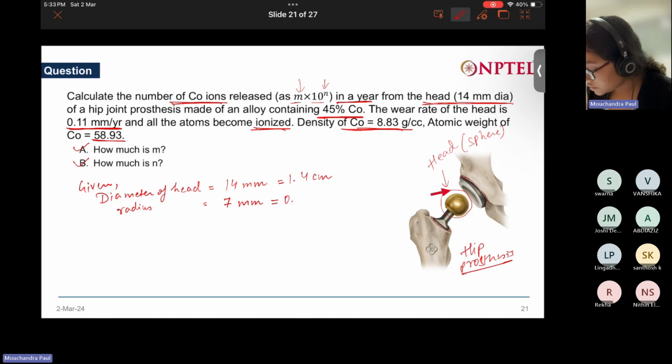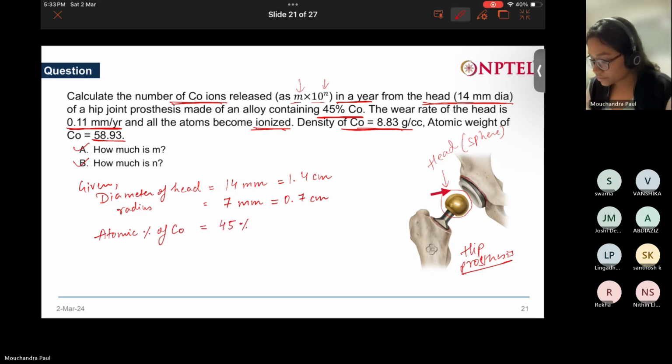And you are given that the alloy contains 45% of cobalt. So the percentage of cobalt in the head is around 45%. Then the wear rate is given.